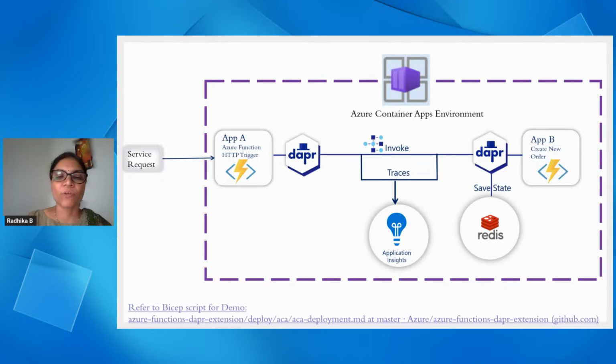We will try out that scenario locally first, and then we switch to Azure, where I have functions on ACA with Dapr configured, and we will see how the service invocation call happens over there.